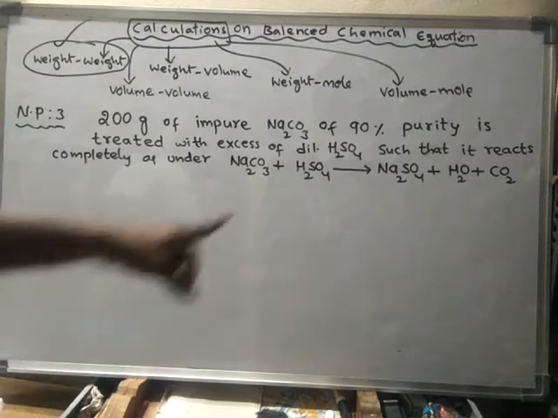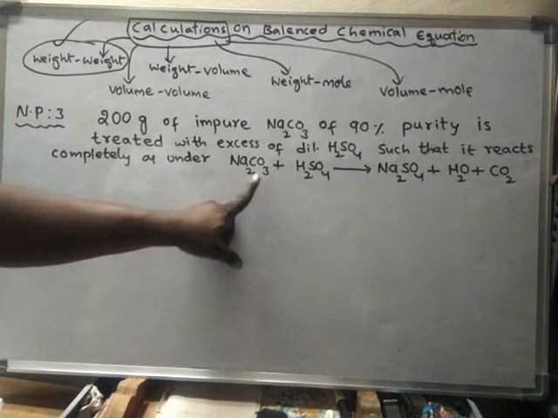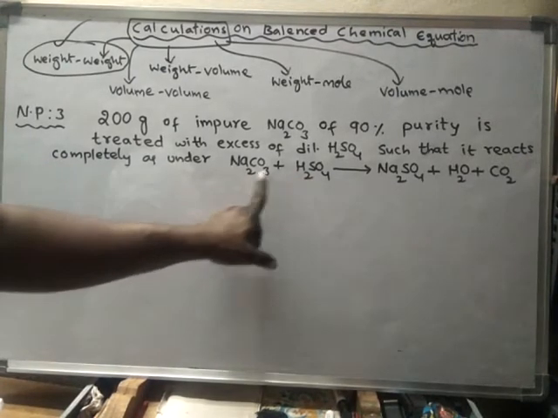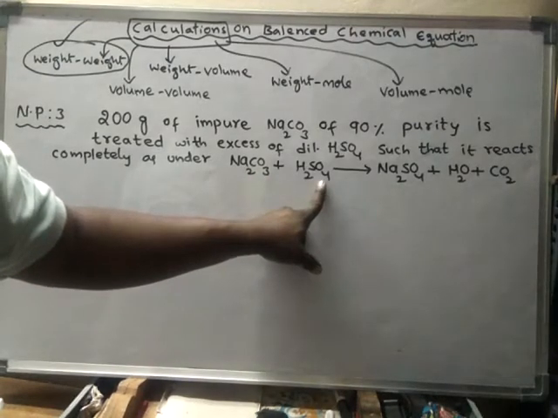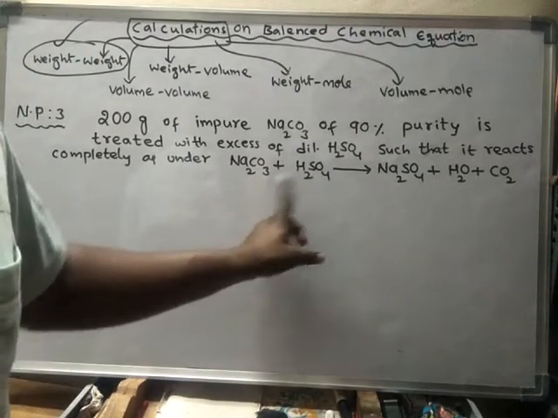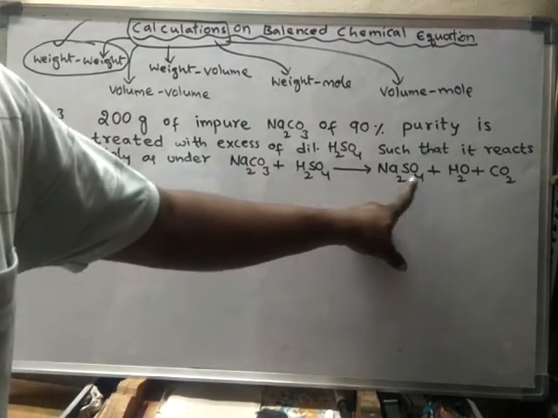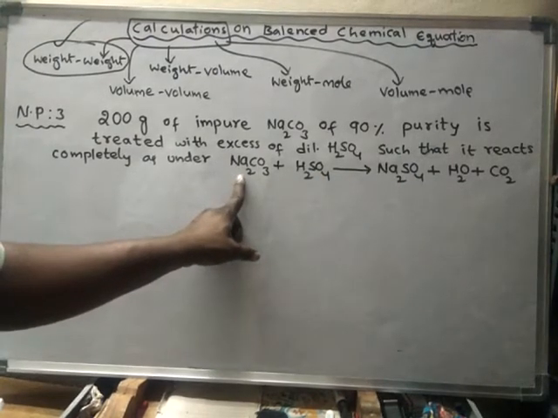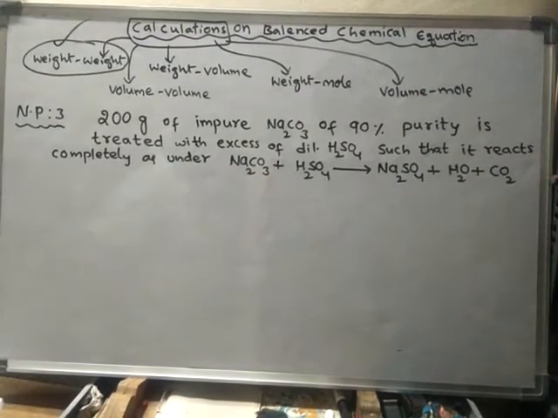Already we know that when carbonates react with acids, the reaction liberates carbon dioxide and the salt related to the acid and the carbonate is formed, along with water. So this is the reaction happening here.